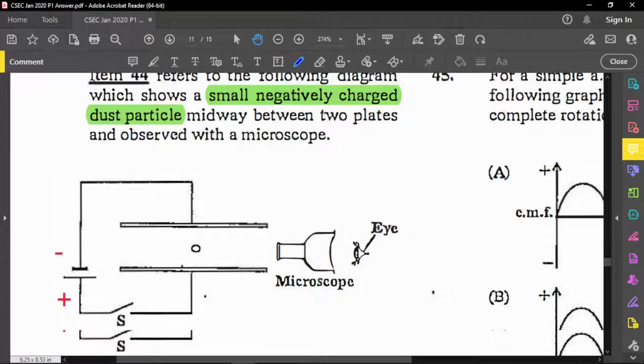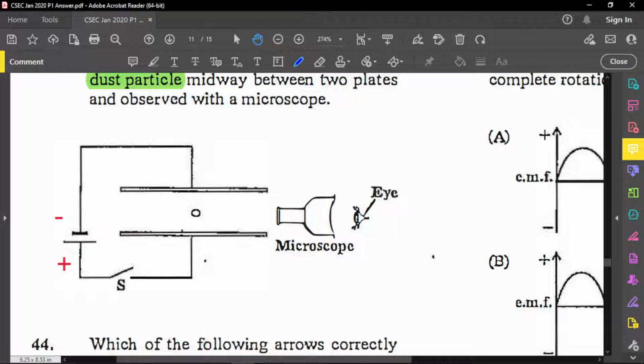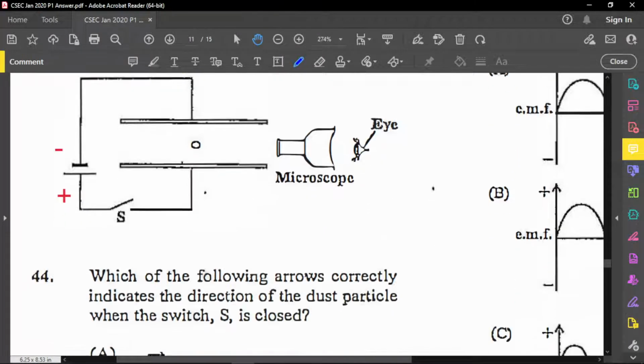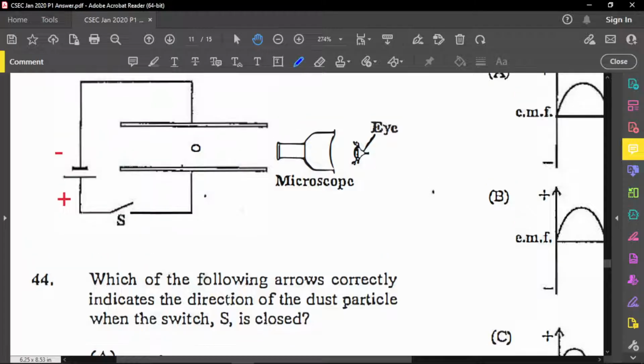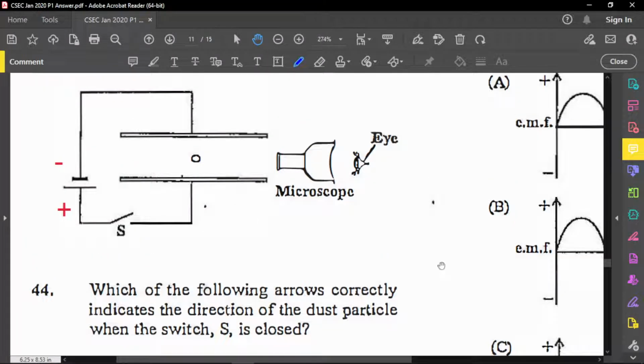So if it is negatively charged, naturally it's going to go towards the positive, right? Now, which of the following arrows correctly indicates the direction of the dust particle when the switch S is closed? If the switch S is closed, one terminal will be positive. So we can just make a note that here will be positive.